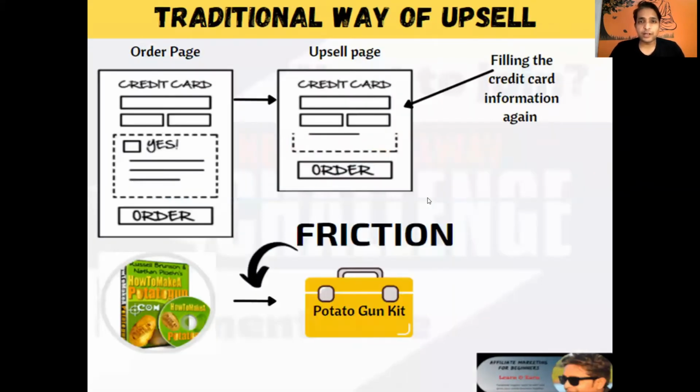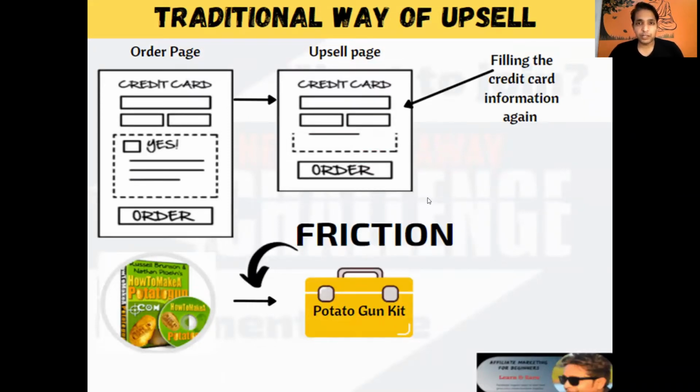This one-time offer, or you can say upsell concept, is not new, but the ways were different. In the initial days of this marketing, people used to enter the credit card information once they bought some product. And once they clicked on order or next, they would be sent to the next page, which is called an upsell page, and there they would offer some other product, and if you wanted to buy that product you needed to enter the credit card information again.